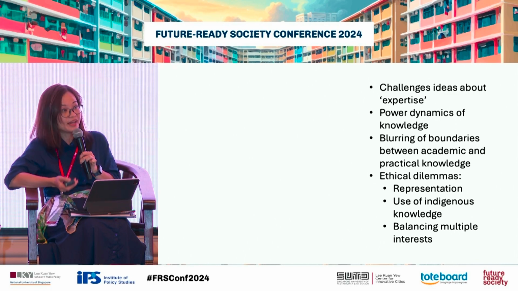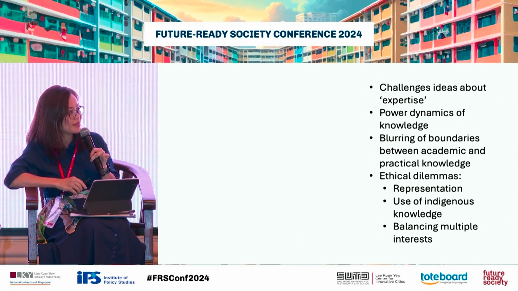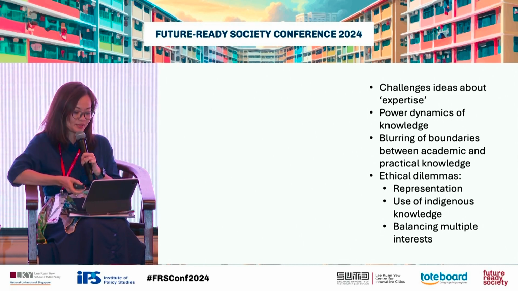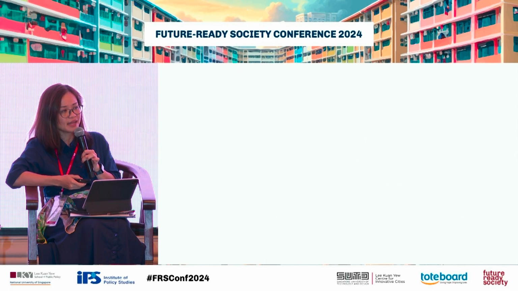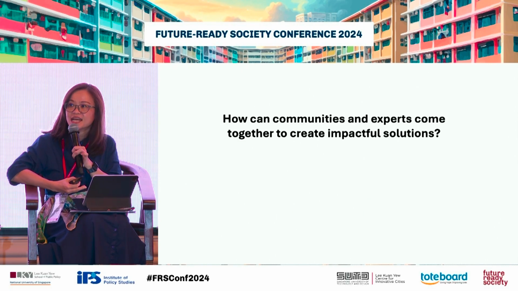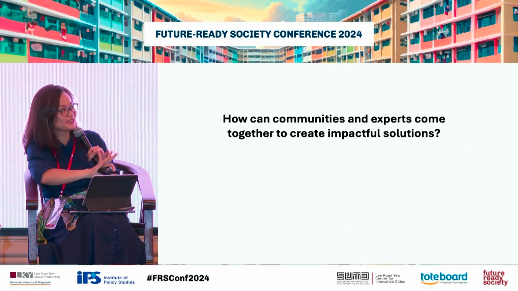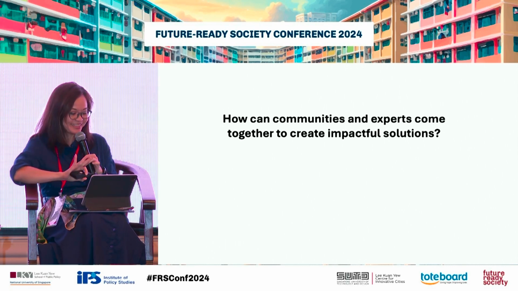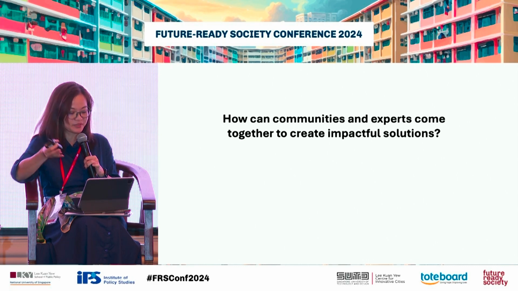So with that, right, I'd like to, I guess, highlight 3 questions for us to think about, and also I'll try to respond to some of Justin's points earlier. I think the first is really how can communities and experts come together to create impactful solutions. When I created these slides, I haven't seen Justin's slides, so this wasn't coordinated, but I think Justin already has sort of a process and a proposal for us.